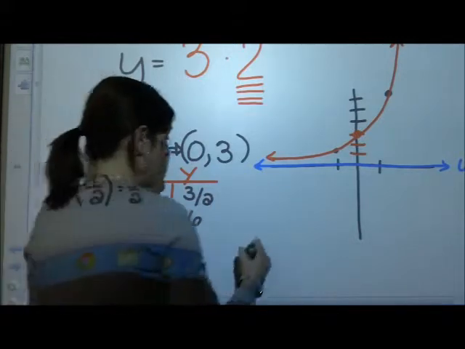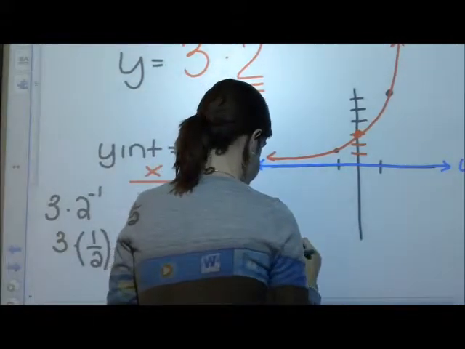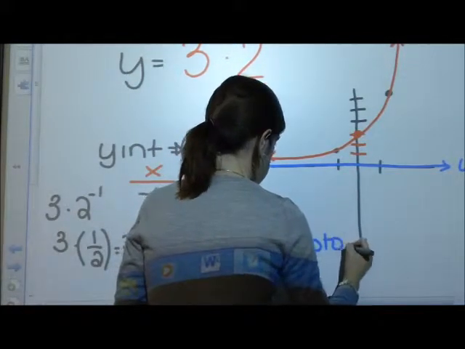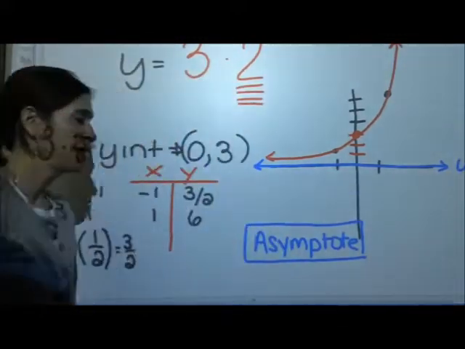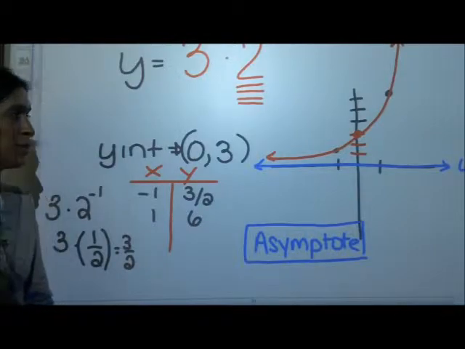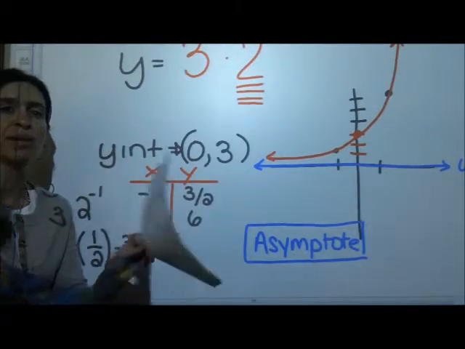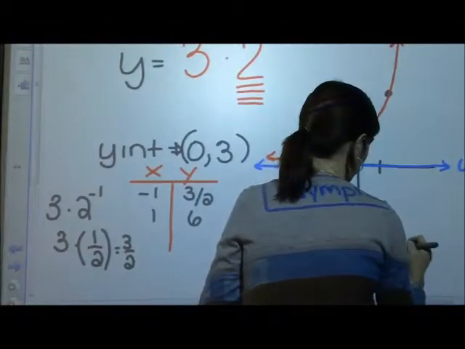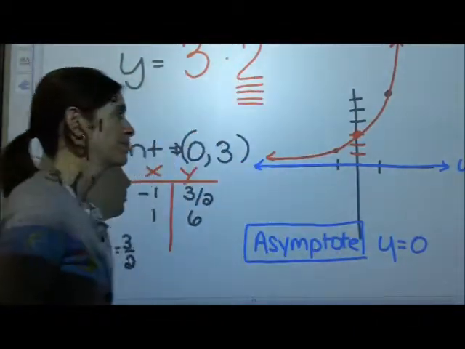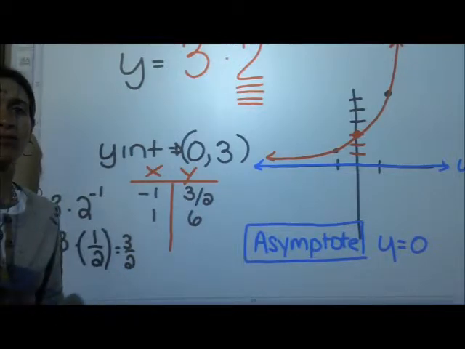And that was called an asymptote. Okay, so now we've got these places that it can't exist. An asymptote means that the graph can never get to it because it doesn't exist there. So y equals 0 is the equation of the asymptote. Okay, so that might be an easier way for some of you.